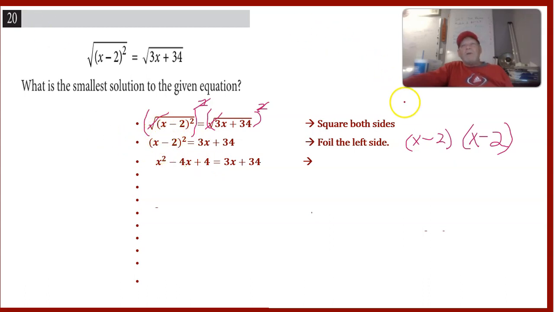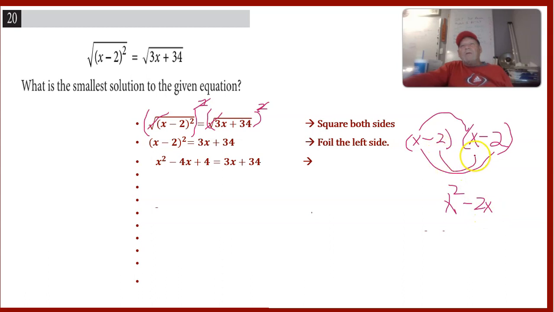And you could do it over here where you foil it to get our x squared. I'm going to write that down a little bit lower because it's going to get in the way if I have it there. So there's our x squared. My O is outer, which is negative 2x.